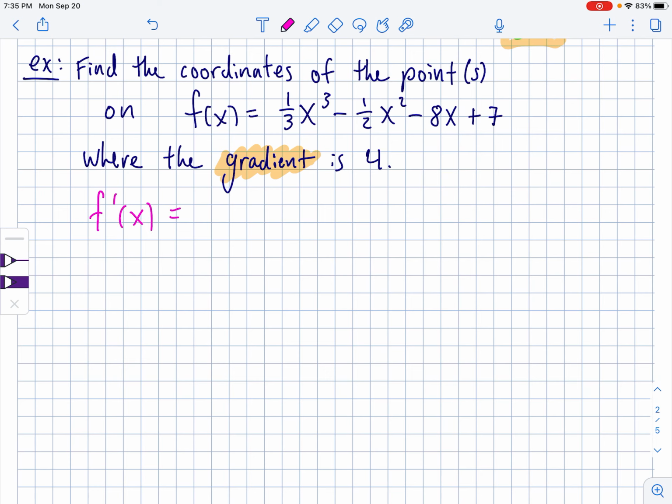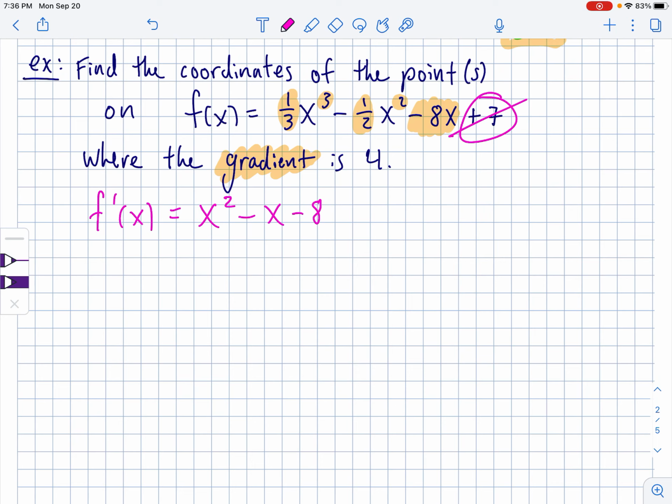They're all set up nicely to do power rule. Bring those powers out in front. 3 times a third is just 1, so you get x, drop it down, 1 squared. Then when you bring a 2 out in front with the 1/2, that also cancels out nicely, and you get minus x to the 1 power. Then remember the derivative of negative 8x is just the coefficient, so that's negative 8.